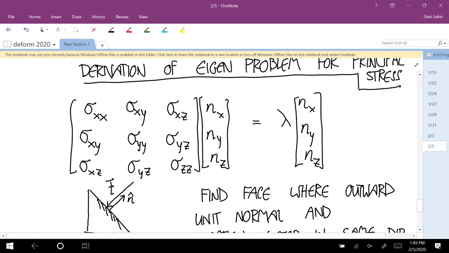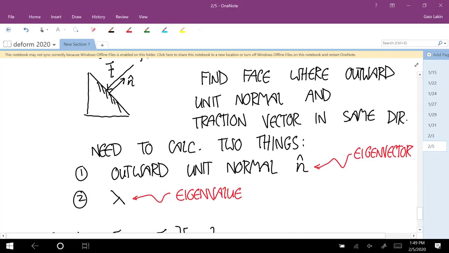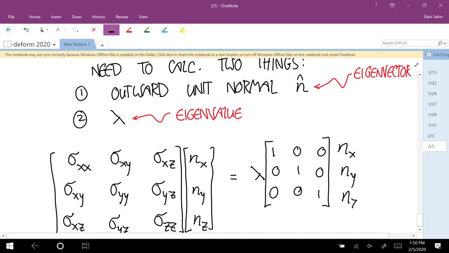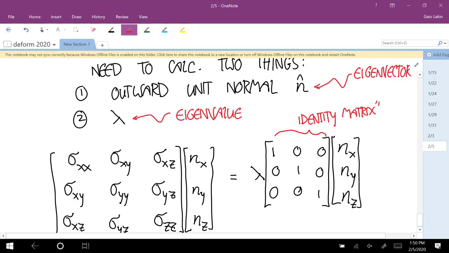Notice that I can rewrite this as a lambda times a matrix with ones on the main diagonal and zeros everywhere else, times that same unit vector. This is called the identity matrix. Why would you call that the identity matrix? What happens to any vector you multiply by this matrix? It gives you back the same vector. So putting this in here gives us exactly the same value as if it wasn't here at all.